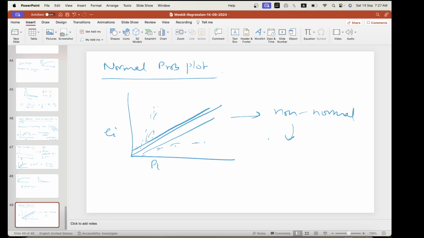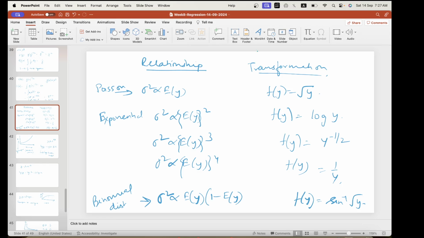Based on the mean and sigma square, we would have to take a call. We can get estimates of mean and sigma square, and then plot it, or make a guess about what could be the underlying relationship between sigma square and mu, and once we are sure about the underlying distribution, we could use these sorts of transformations to make the variance stable.